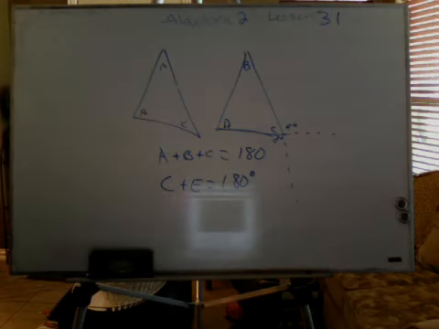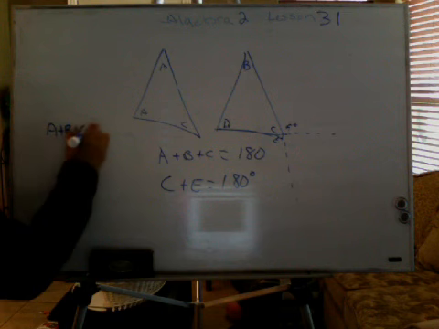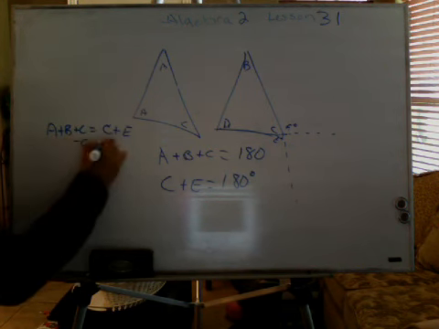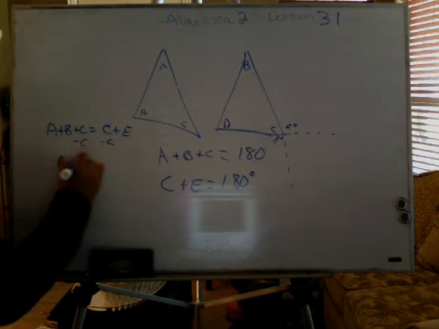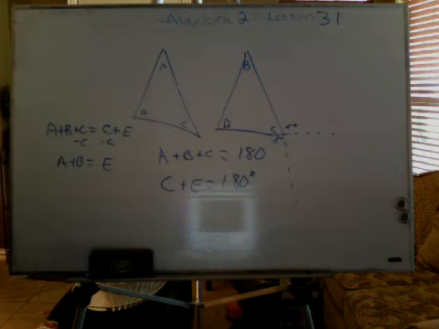Because of that, we can say A plus B plus C is equal to C plus E. And if we subtract C from both sides, we get A plus B equals E. So we just proved that these two angles equal that.